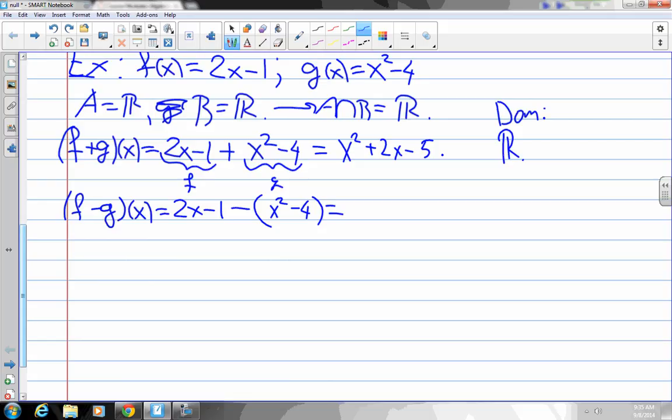So then you get 2x minus 1 minus x squared plus 4, whatever that equals to. 2x minus x squared plus 3. You can write it like that. Yes?